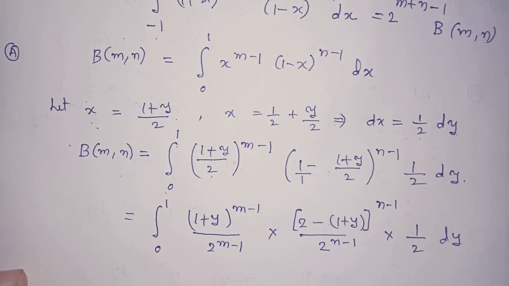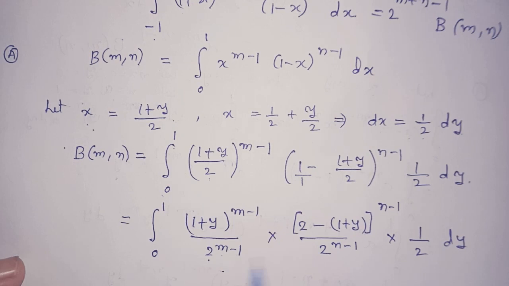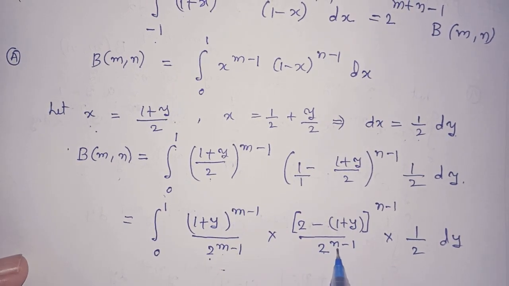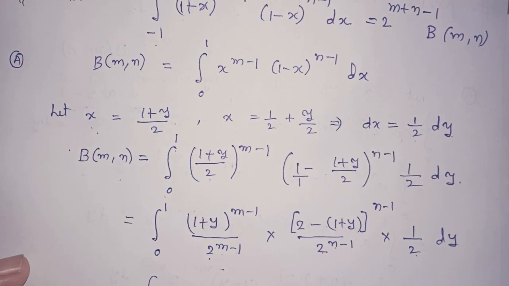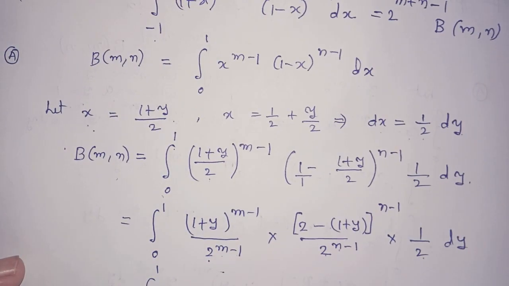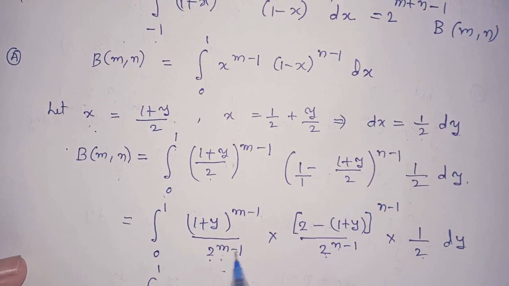Here 2 is the base, its power is m minus 1. 2 is the base, its power is n minus 1. 2 is the base, its power is 1. When bases are equal, we have to add powers.